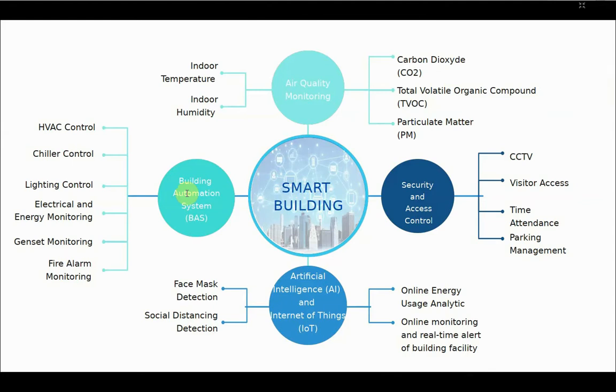Building Automation System is a system that controls the HVAC, or heating, ventilating, and air conditioning, and chiller control, lighting control, electrical and energy monitoring, genset monitoring, and fire alarm monitoring.